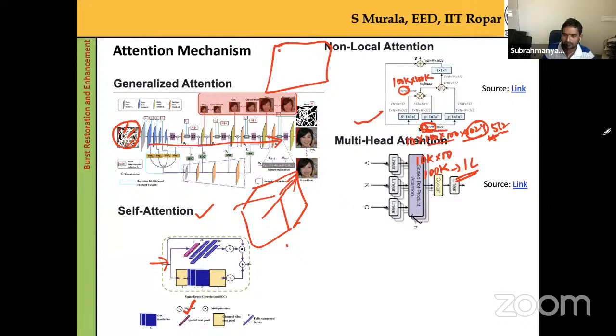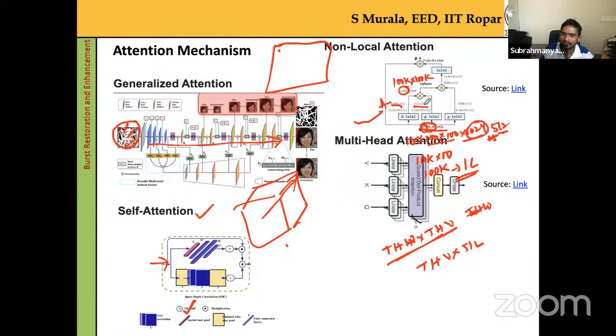So to address this, people developed an alternative. Why should I multiply THW by THW? Instead, let's say THW by 512 is multiplied with 512 by THW.